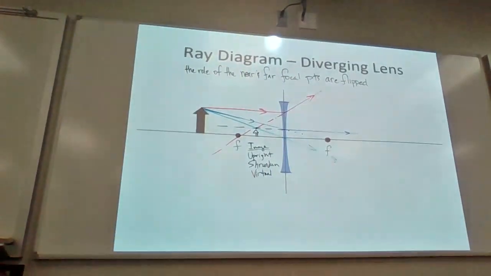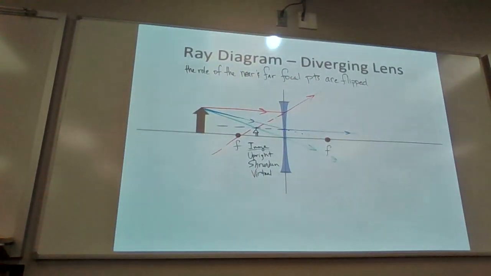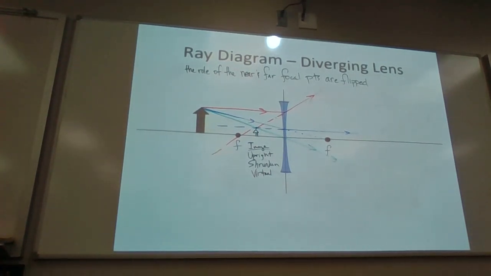What makes it upright? It's like right side up versus upside down. If they're both pointing down, then it's still upright. Yeah, they just have to go the same way.